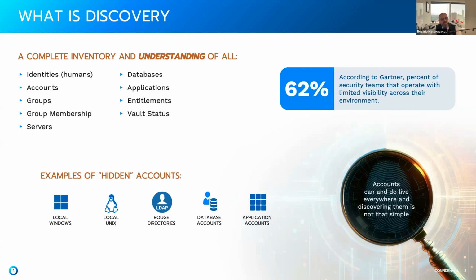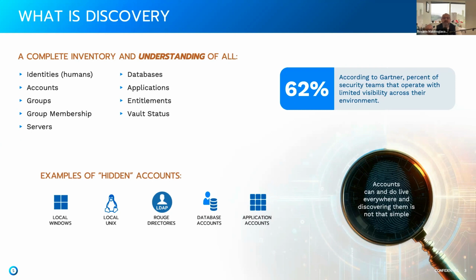And they are accounts that can represent just as much risk to you as those accounts in Active Directory that might have privileged access to a Windows server, for example, or privileged access to a database. So understanding all of your inventory of all these accounts, understanding what these accounts can do, but more importantly, what they should or shouldn't do is critical. And throughout this webinar, I'm going to have different statistics, things that we've picked up from primarily Gartner.